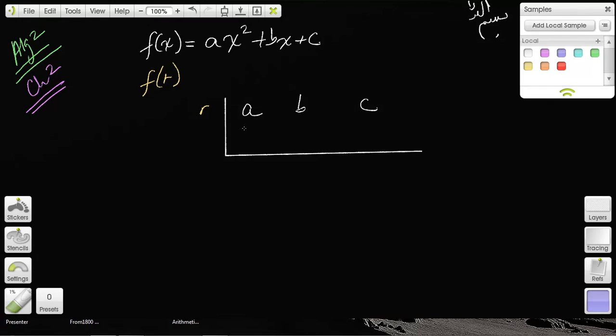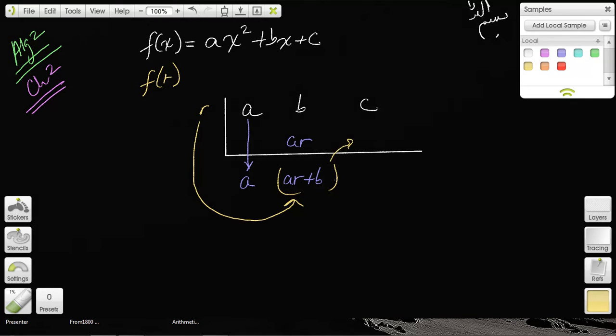Then you would just drop this a over here like this, and then you would multiply this and this, and you would get ar. Then you would add, and you would get ar plus b. Then you take this and multiply this by r, and put that over here, correct?